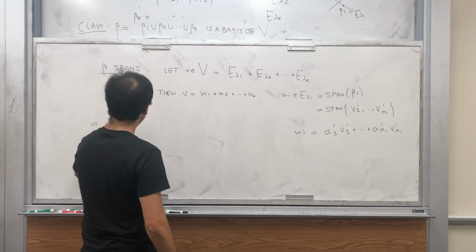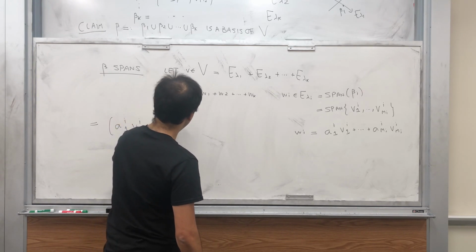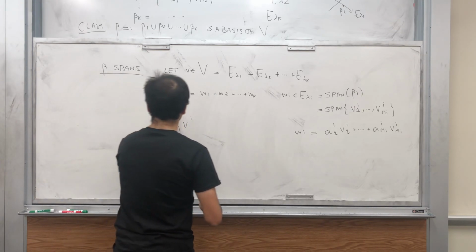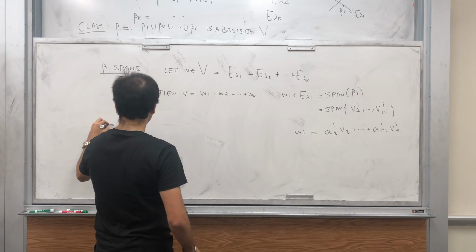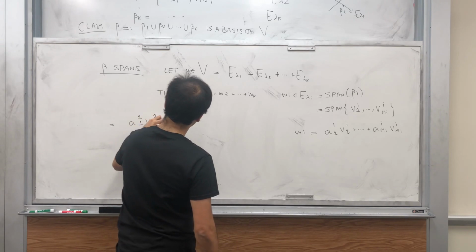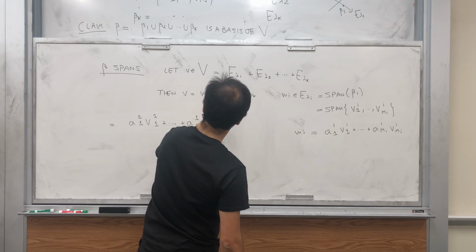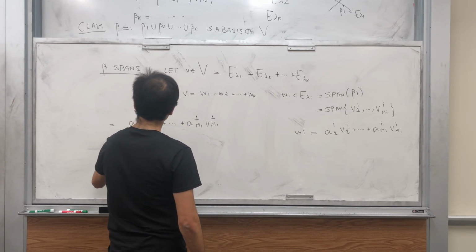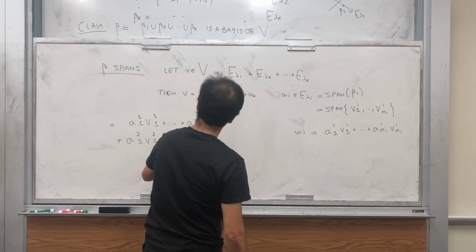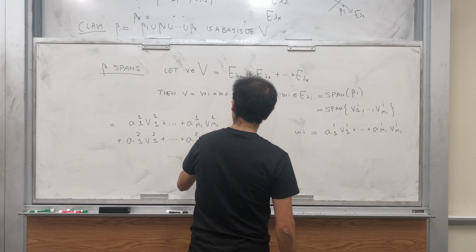We get that, everything is with 1 because this is w1. So a11 v11 plus dot dot dot plus a1 m1 v1 m1, plus a21 v21 plus dot dot dot plus a2 m2 v2 m2.